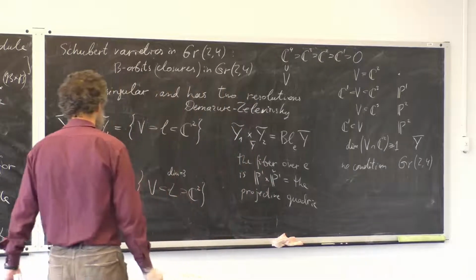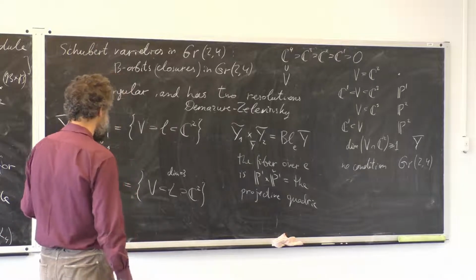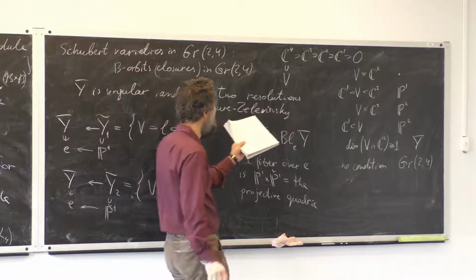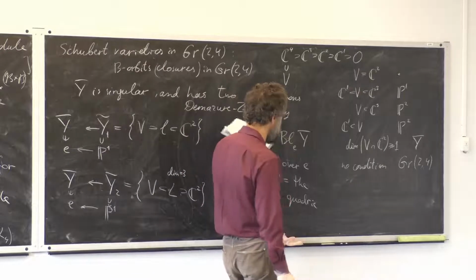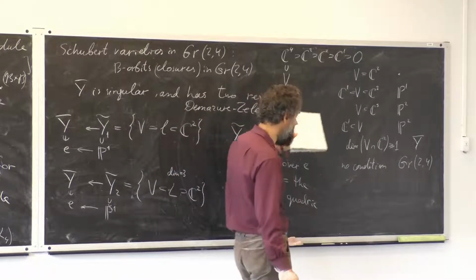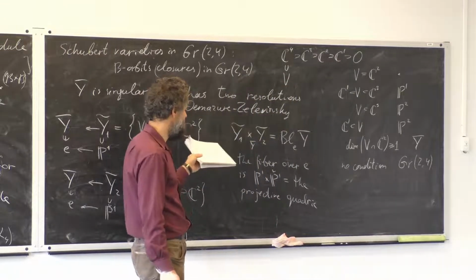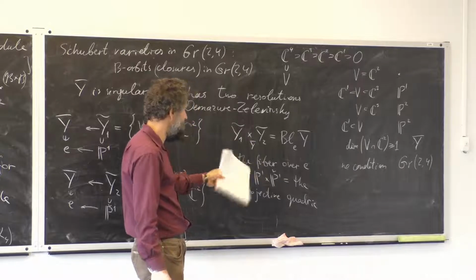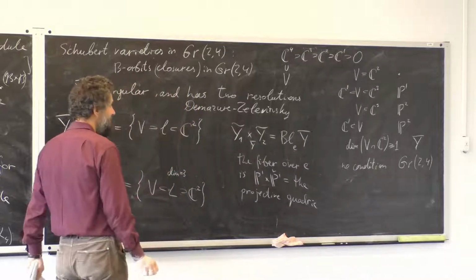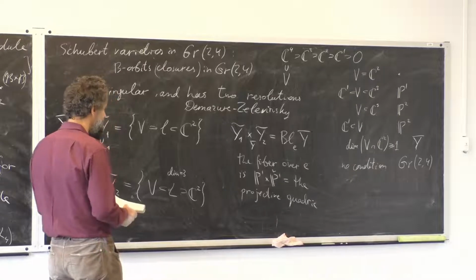So this is an example of such a resolution. And in fact, Zelevinsky considered an arbitrary Schubert variety in arbitrary Grassmannian for SLn and constructed similar resolutions. You see, there is a variety of such approaches, but all the resolutions he constructed were very economical.